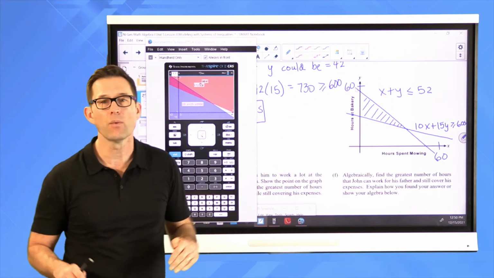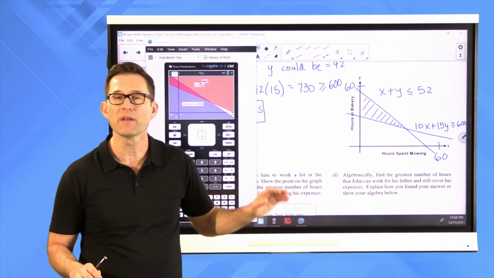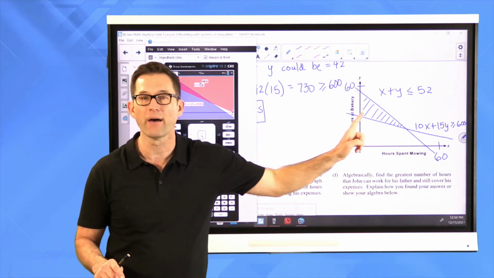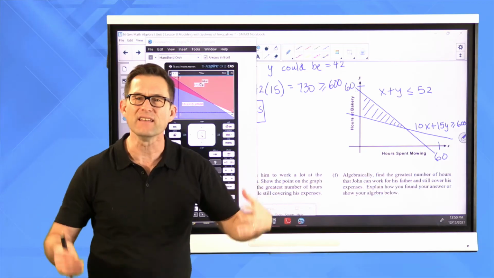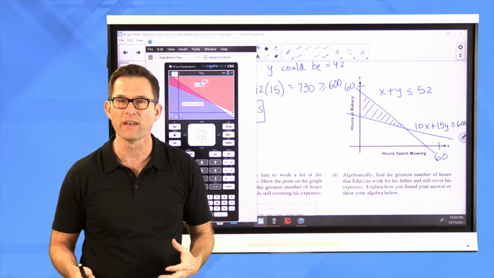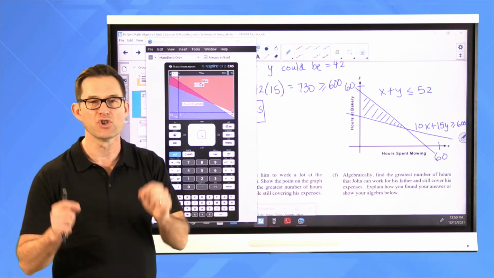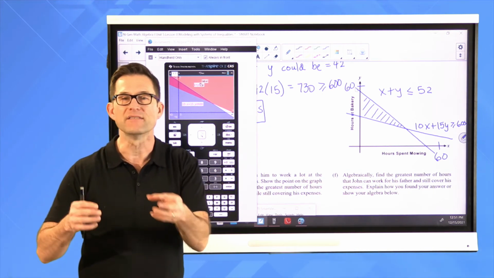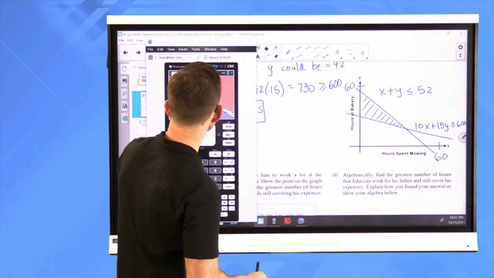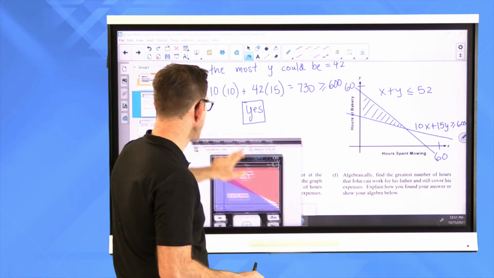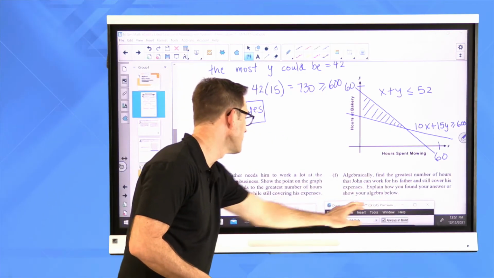You might ask why I didn't shade everything. Well, I know this is my viable region, and it's just easier to see at that point. Everything inside of here is where John can work and still satisfy both conditions. Let me, for the time being, bring this down here.